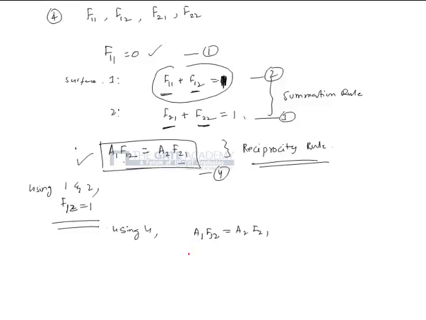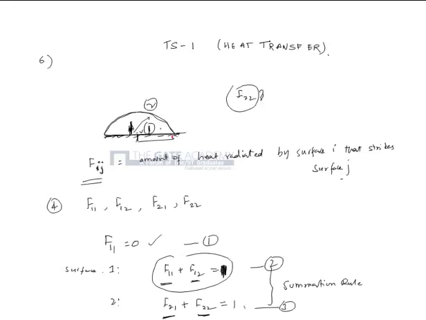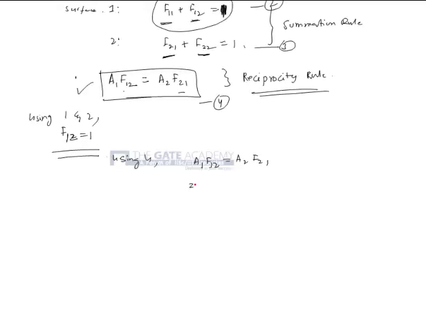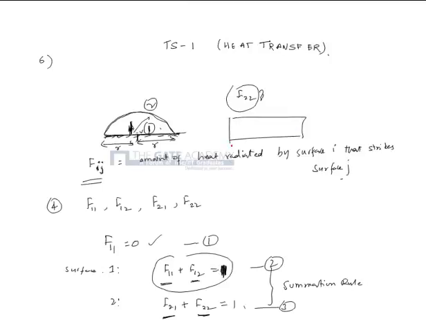Now A1 is basically a flat plate. Let's say the radius is R. So A1 will be 2R times the length; this is your front view, and the side view shows the length.